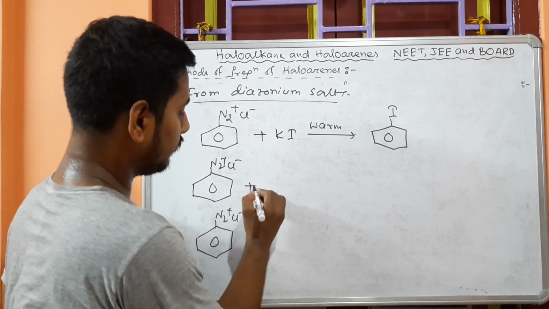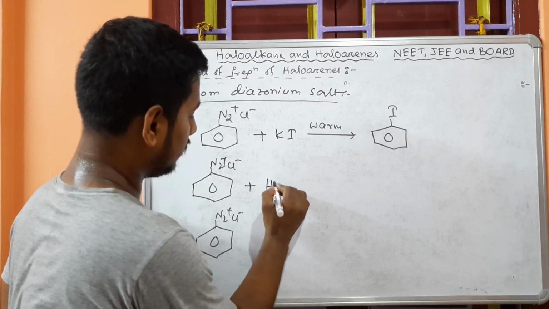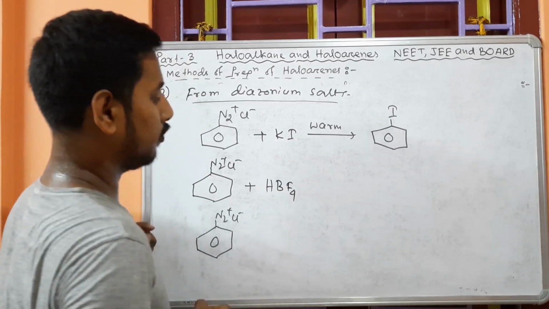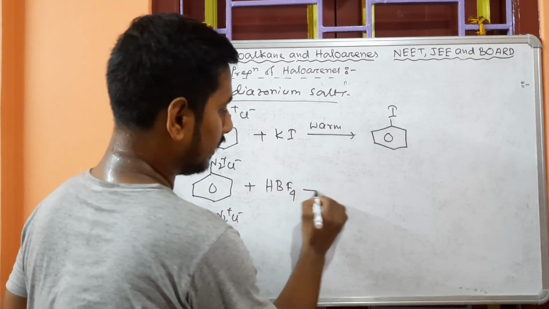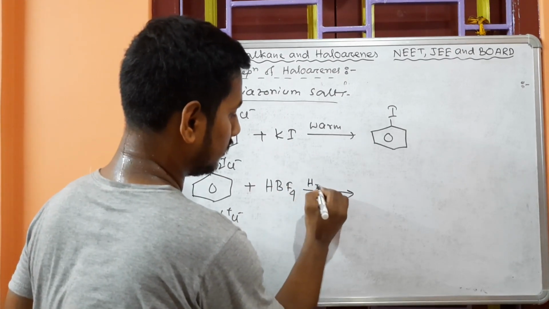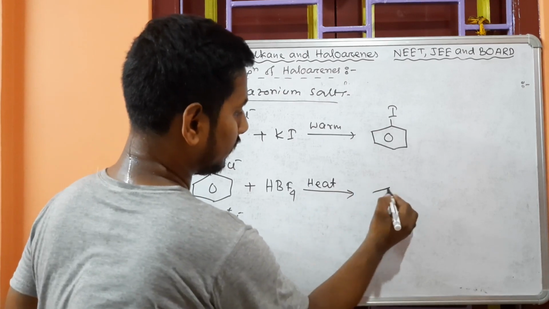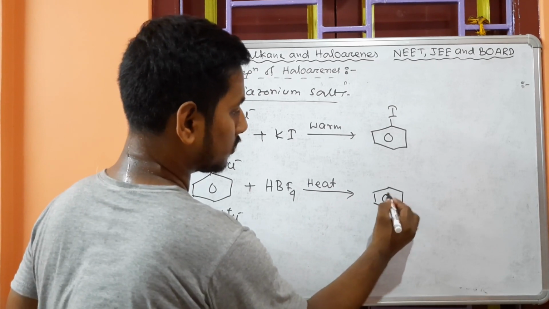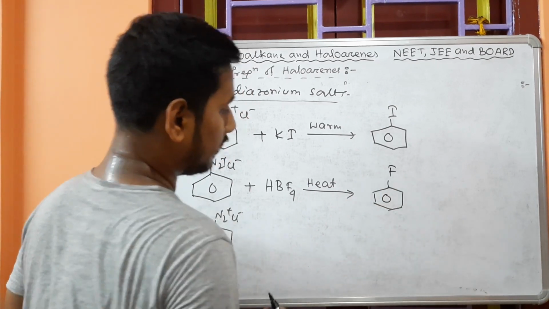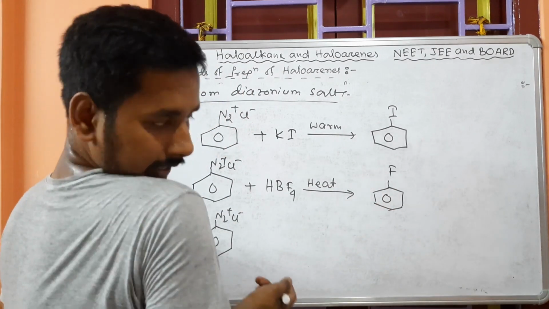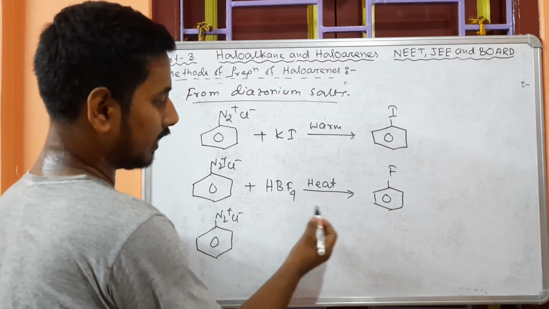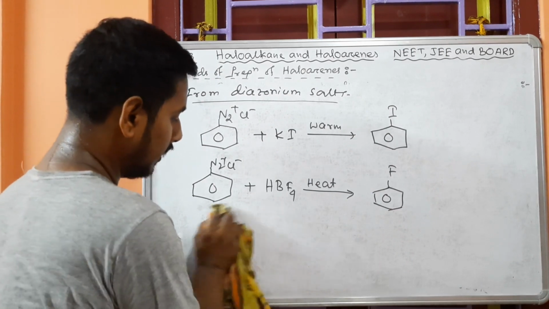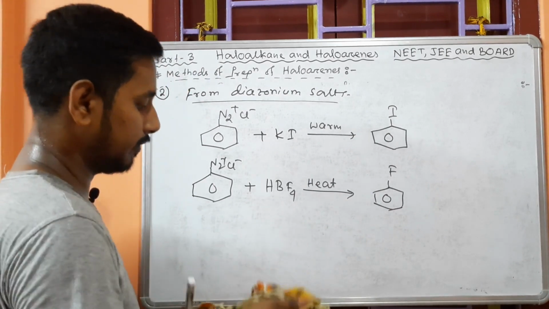For getting fluorobenzene, you react this N2+ Cl− with HBF4, fluoroboric acid, and heat the reaction, and after that you get an intermediate product. This is the complex one. You are not required to write down these things. After that you write fluorobenzene, and this reaction is called Balz-Schiemann reaction. Remember this thing.